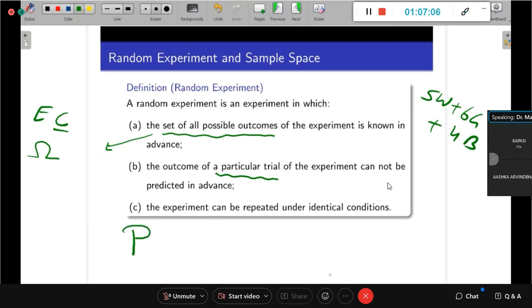Probability is a function which associates every element of the sample space to a number between 0 and 1, with certain definitions also coming into the picture. So the probability of E lies between 0 and 1.